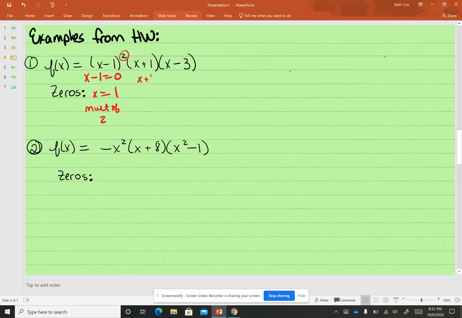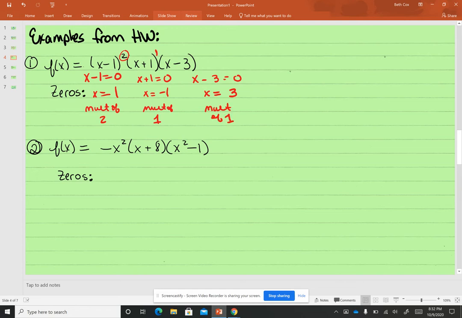We have x + 1, so that would give me x equal -1. And there's only technically one of those, so that's multiplicity of 1. And x - 3 equals 0, so that's x equal 3. And so this is multiplicity of 1.